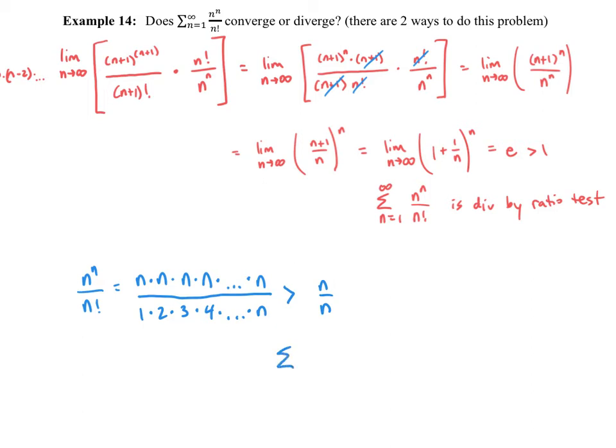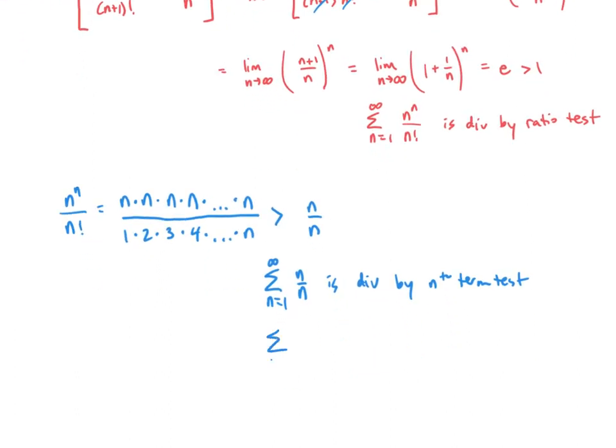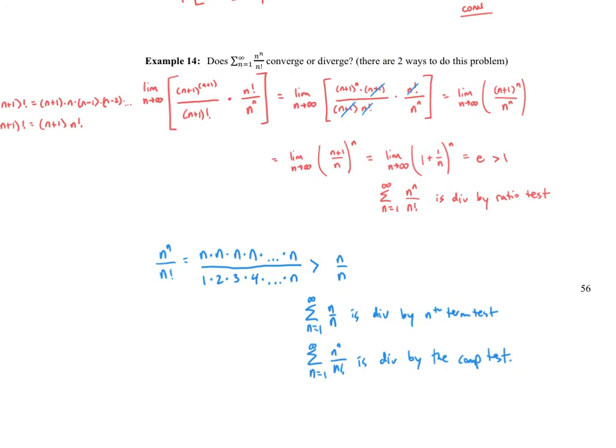Now the series n divided by n, which is 1, is divergent, by the nth term test, or just intuition, basically. And so therefore, this particular series from 1 to infinity of n to the n over n factorial is divergent by the comparison test. And that's faster probably than the ratio test.